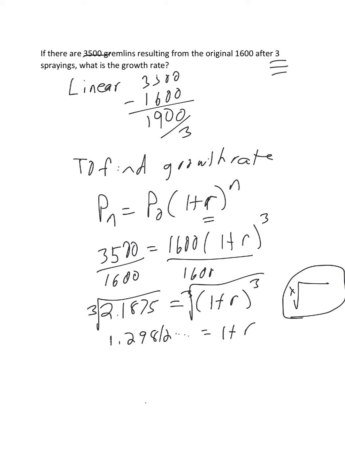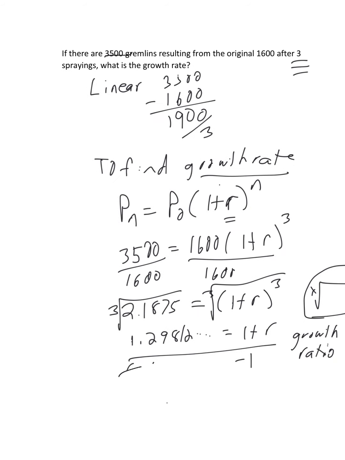Now, anytime you end up with 1 plus r, this is known as the growth ratio. And you may see that in the homework, so I just want to make sure that you're aware of that. But we were looking for the growth rate, so we simply subtract 1. And that gives us r is equal to 0.29812, or roughly 29.812% is our growth rate.